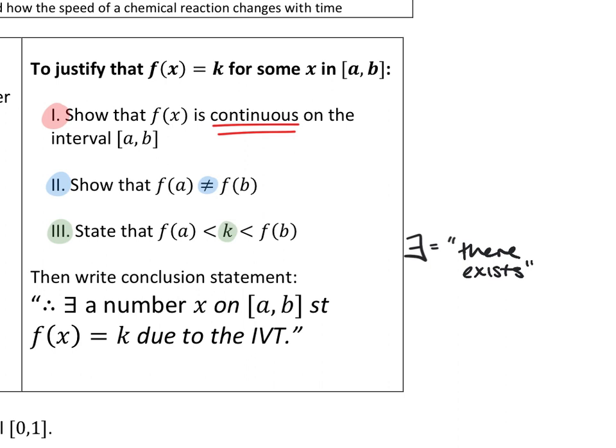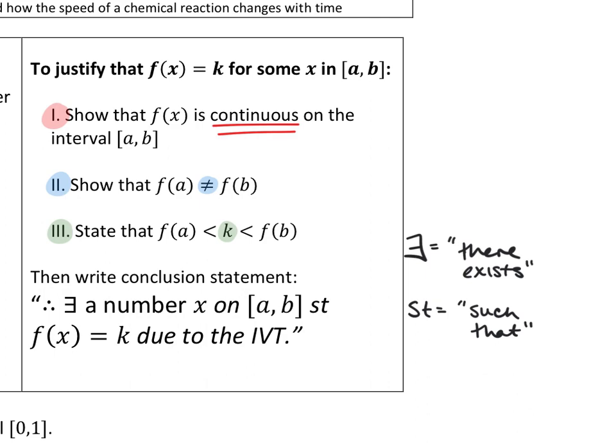The backwards E is there exists a number x on the interval a to b, the s.t. such that f of x is equal to k due to the IVT. So you could write out those words every time if you want, but that's annoying. So you can use the mathematical symbol for those phrases that are used a lot in math statements. They've created a symbol for them.